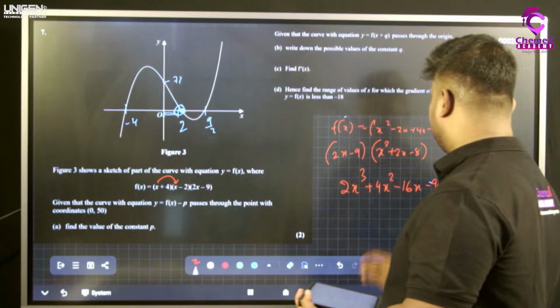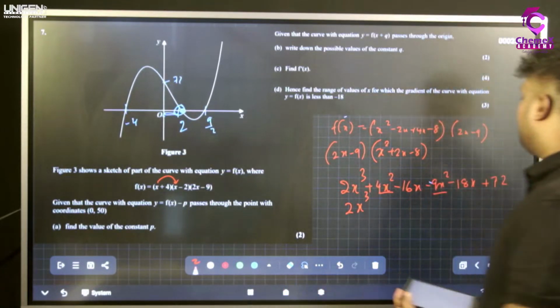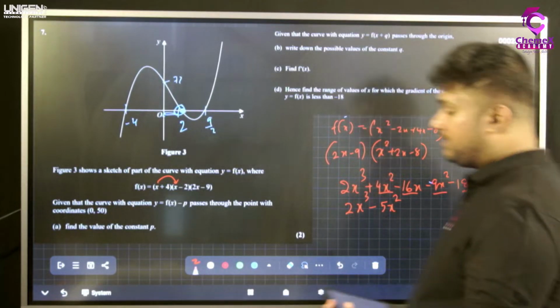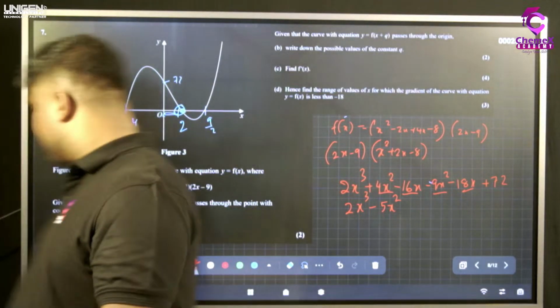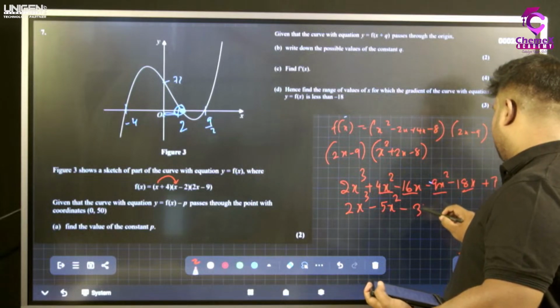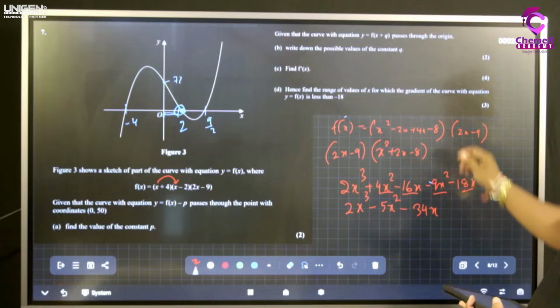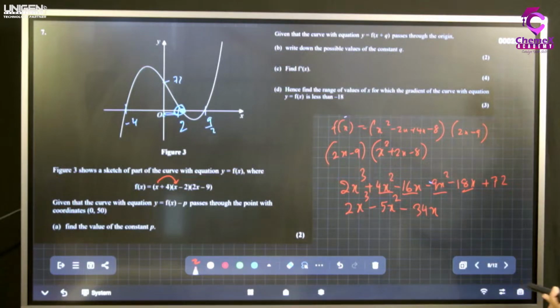So what do you get there? 2x cubed minus 5x squared minus 34x plus 72.